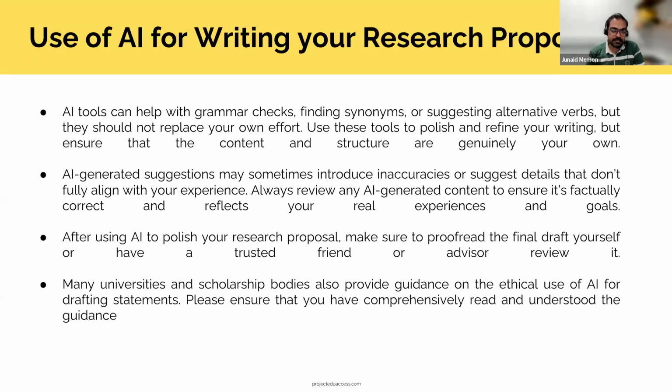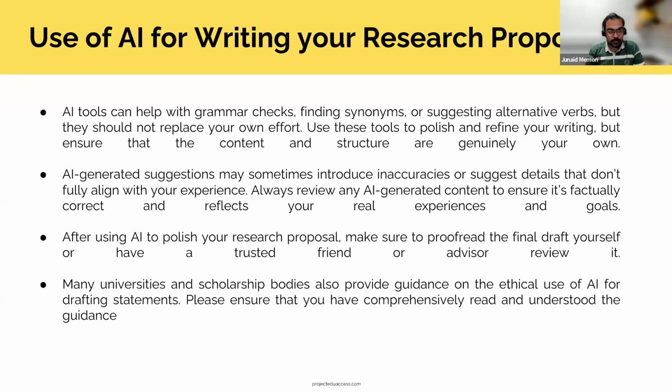Most universities have guidelines on using AI. The good thing is, for example, Oxford doesn't consider AI a taboo, so you can use it for drafting your research proposal. But the question is, what are you using it for? That's very important.